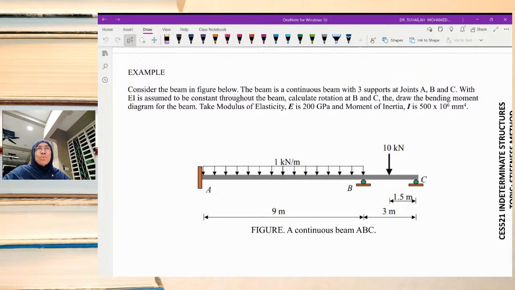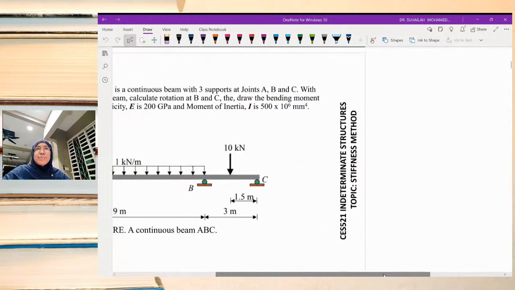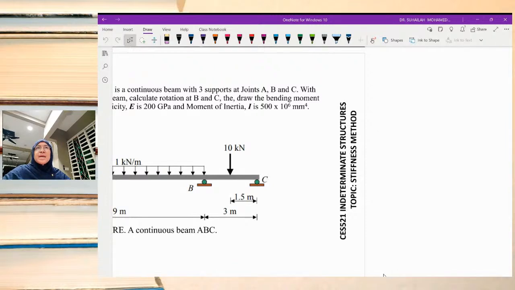Y is for Q and D, representing the vertical force and vertical displacement, and Z is for moment and rotation.